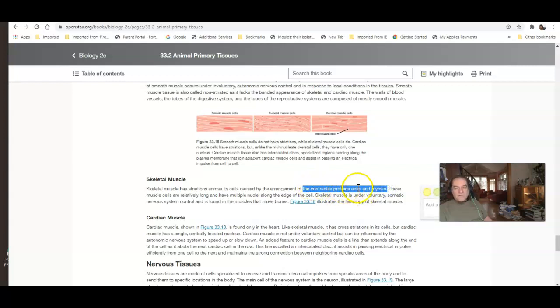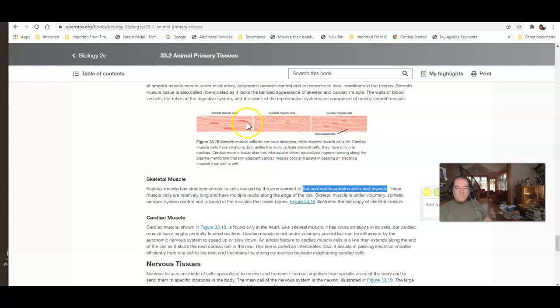This is a highly specialized version of the actin that we find in microfilaments, and something kind of vaguely similar to the tubules that we find in microtubules inside all cells, all eukaryotic cells, the cytoskeleton. So muscle cells just have a highly, highly modified cytoskeleton that's arranged so that the cell can change shape usually along one axis. It can shorten in length in one particular direction. That's the way muscle cells usually work.